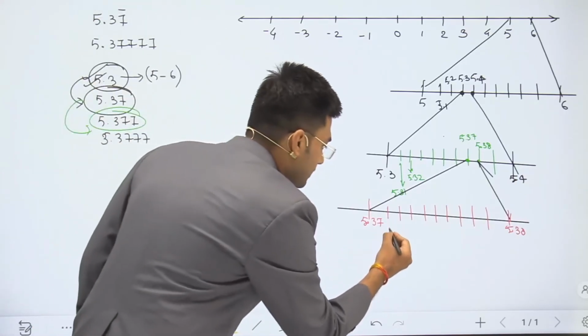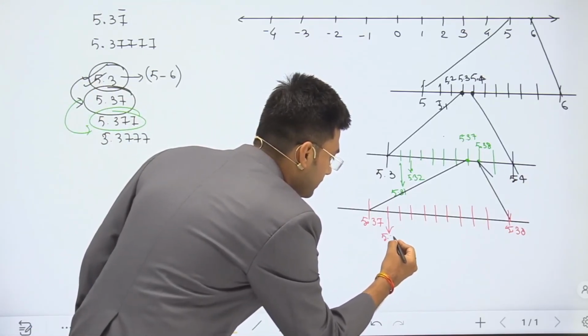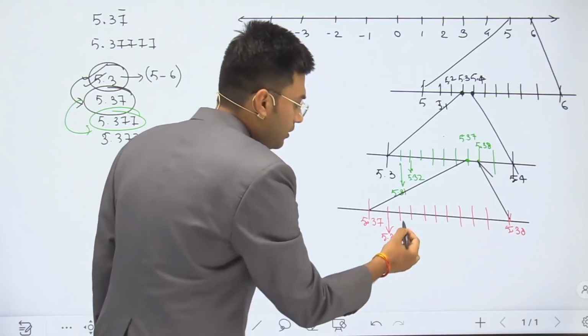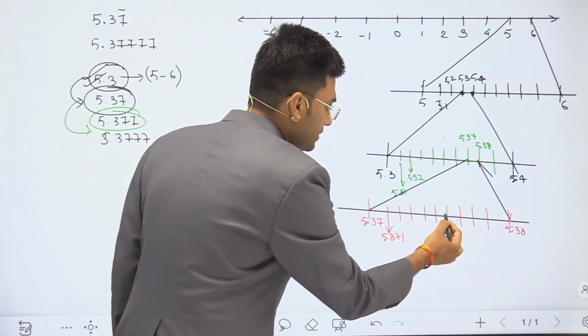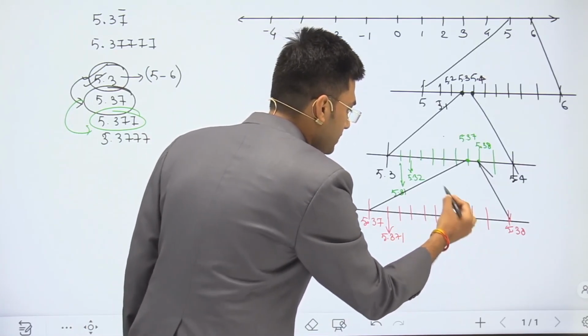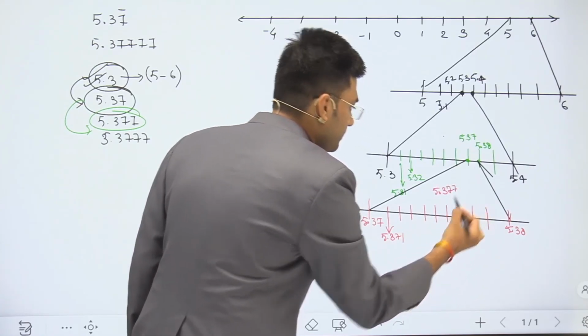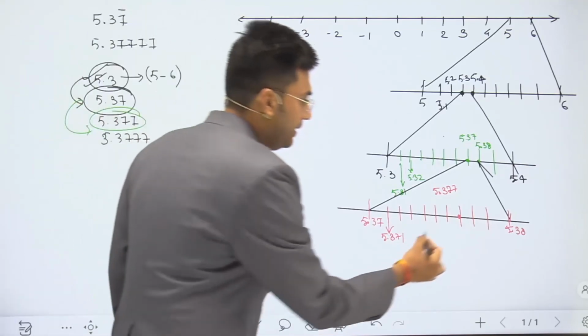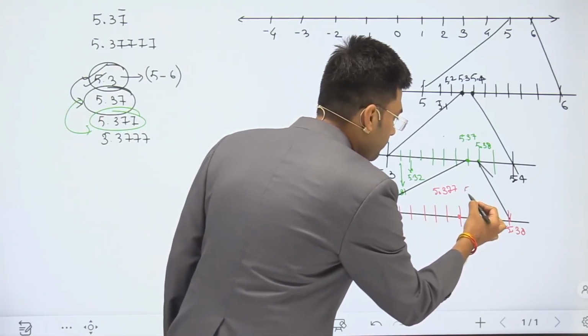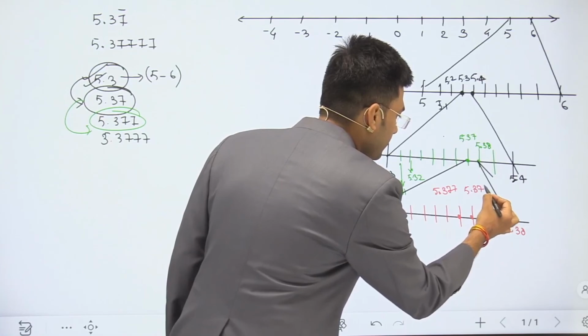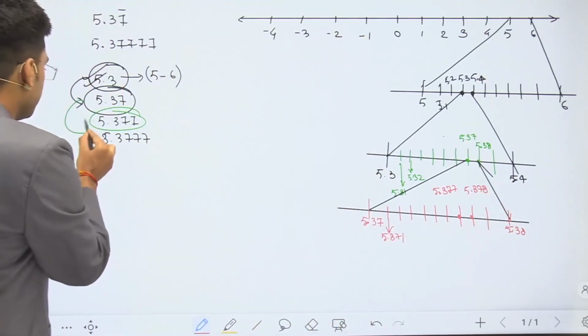Now it is 5.371, and so on up to 7. That means it is 5.377, and this is 5.378.